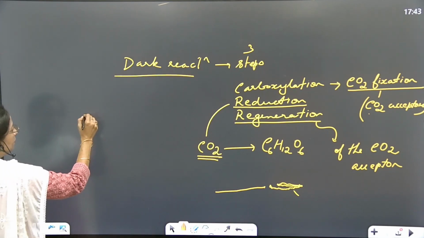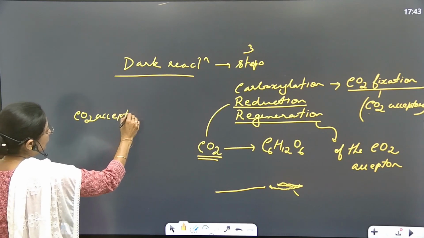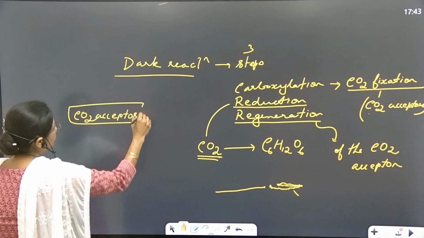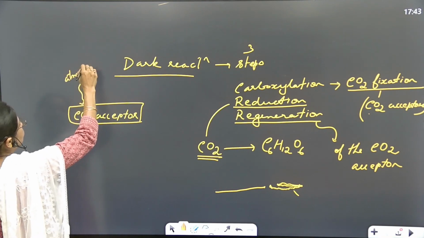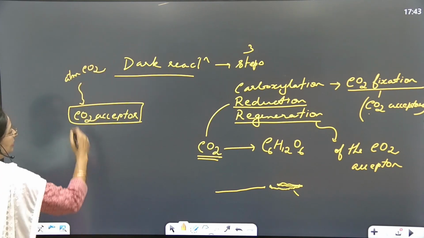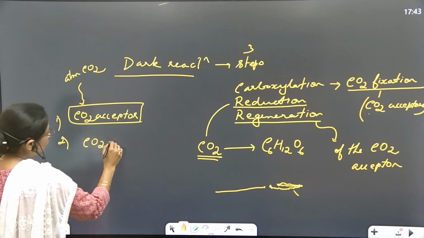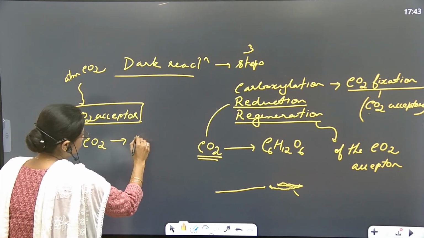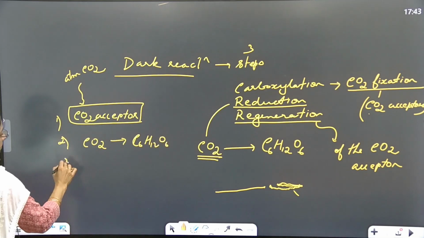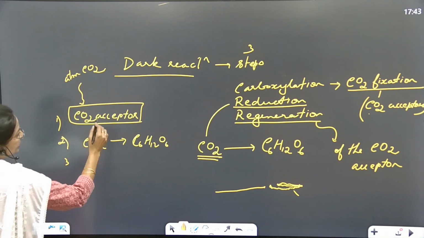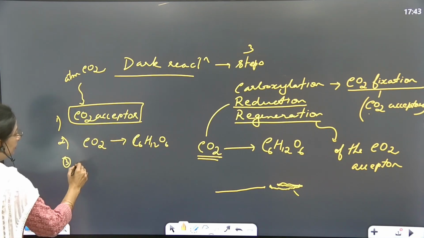We have a carbon dioxide acceptor inside the plant. This carbon dioxide acceptor would fix the atmospheric carbon dioxide, right? That would be the first step. Second step, this carbon dioxide would get reduced to food. And the third step is that this carbon dioxide acceptor would be formed again, right?